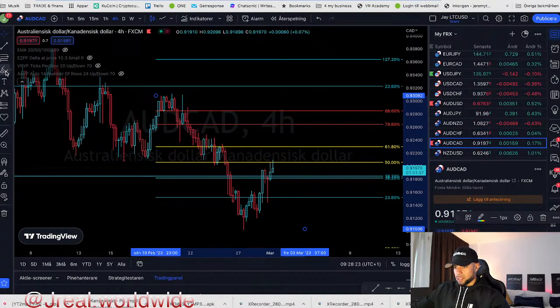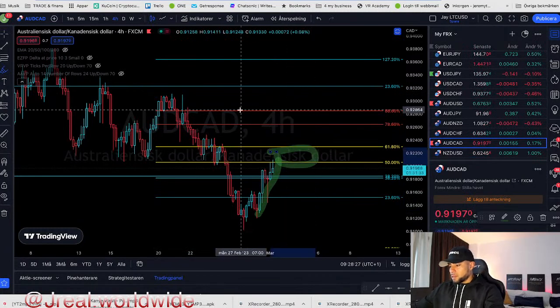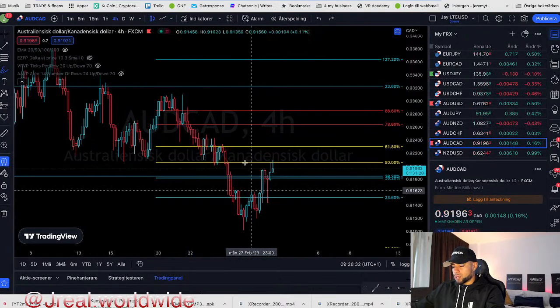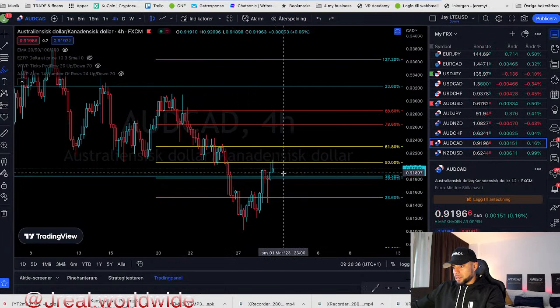All right, so what has happened is that the market came up to the sweet spot zone here. And you see that the market has been playing around this area. There's a lot of orders there.